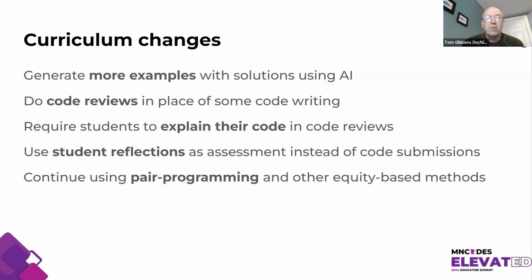But also there's benefit to the student who explains the code and to the student who has to understand another person's code. So this process of code review is beneficial to the student whose code it is, and to the other one seeing someone else's code. So we're beginning to integrate that more in our classes.